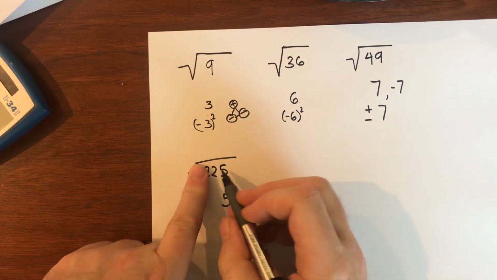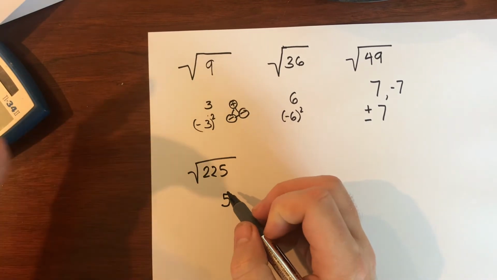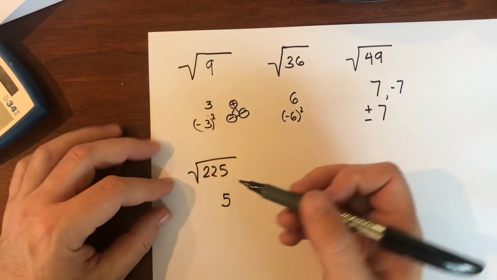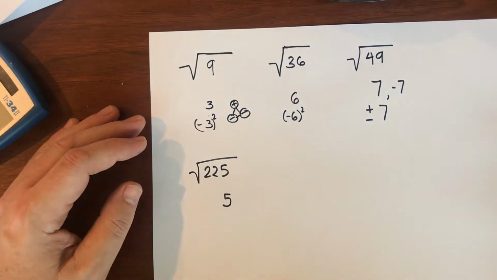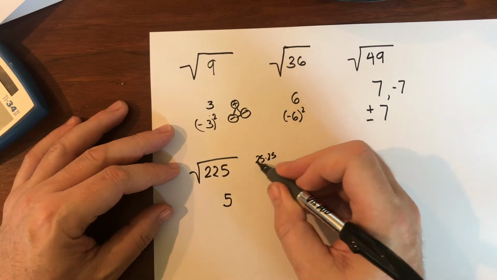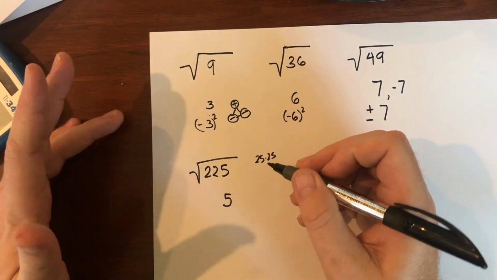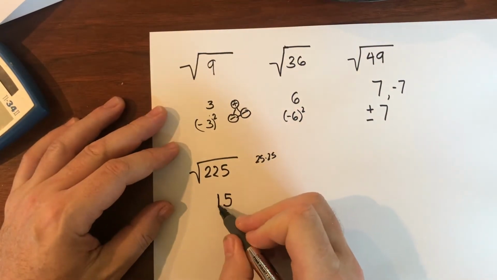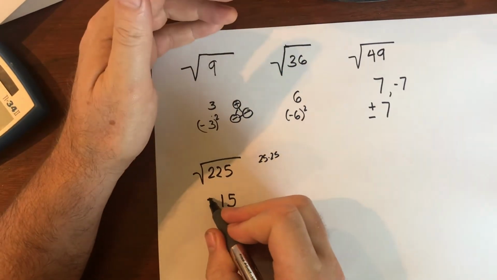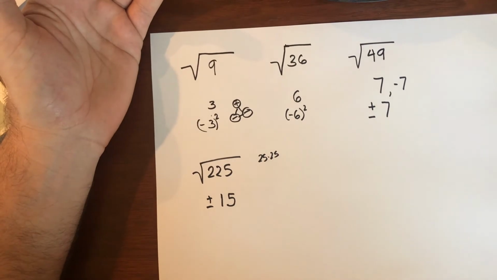You know, 5 times 5 is 25. And 15 times 15 or 25 times 25 are your next possible options. Now, 25 times 25 is a big number because it's bigger than 400, because 20 times 20 is 400. So that's obviously 15, even if you don't know that, although it is on your chart. Put the positive and the negative, you're done.